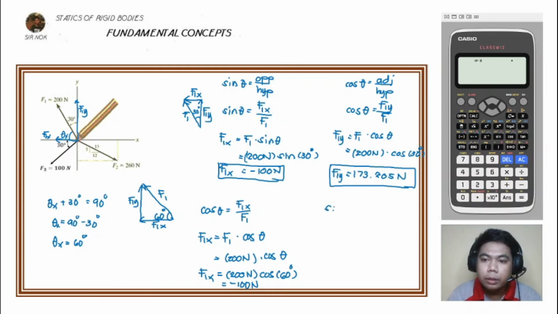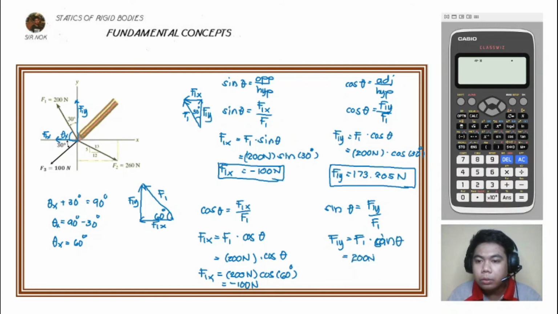So sine theta is equal to F1y over F1. So F1y is equal to F1 times sine theta. So we have 200 newtons times sine 60 degrees.